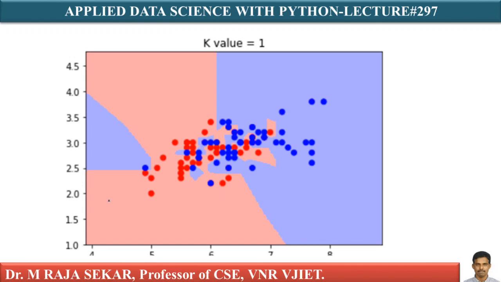I take these 50 red points and 50 blue points as my training data. This is my training data, which I can call D train, isn't it?